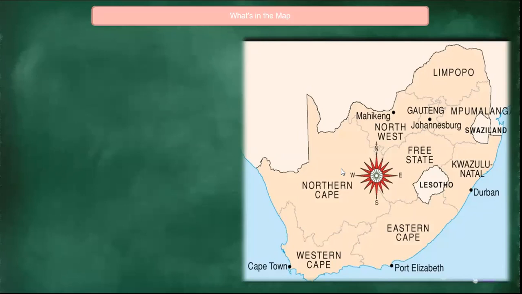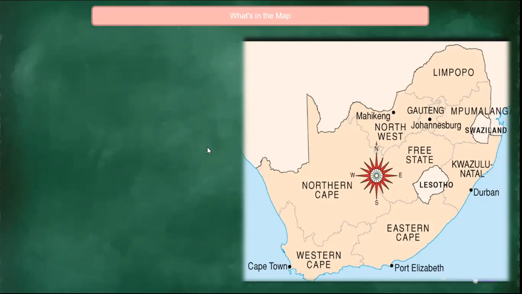Swaziland is next to South Africa, and Lesotho is surrounded by South Africa. Yes. Thank you, Zoe.